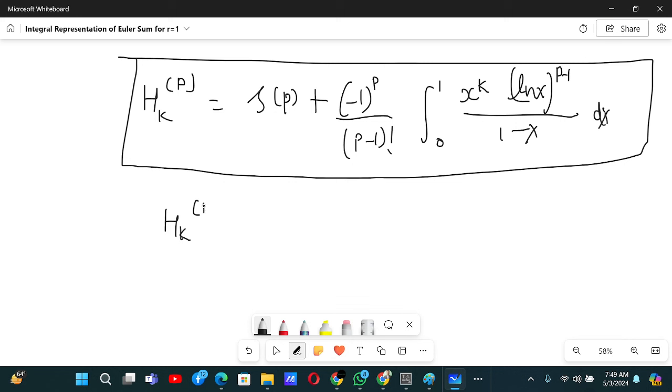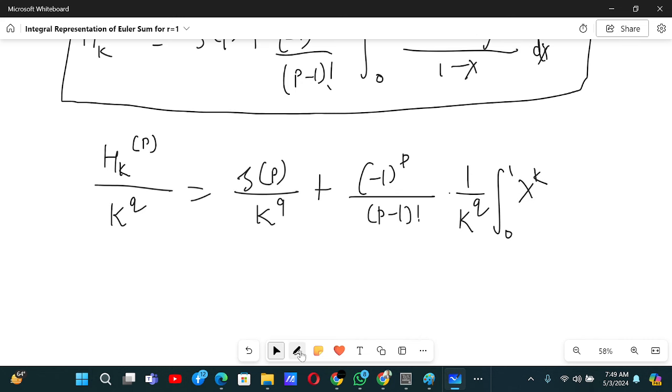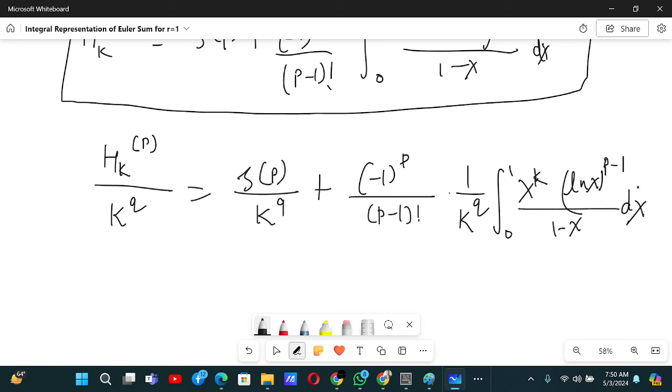So H_k to the power p by k to the power q is equal to Riemann zeta of p divided by k to the power q, plus minus 1 to the power p by p minus 1 factorial, dividing by k to the power q, the integral from 0 to 1 of x to the power k, ln of x to the power p minus 1, by 1 minus x, dx.